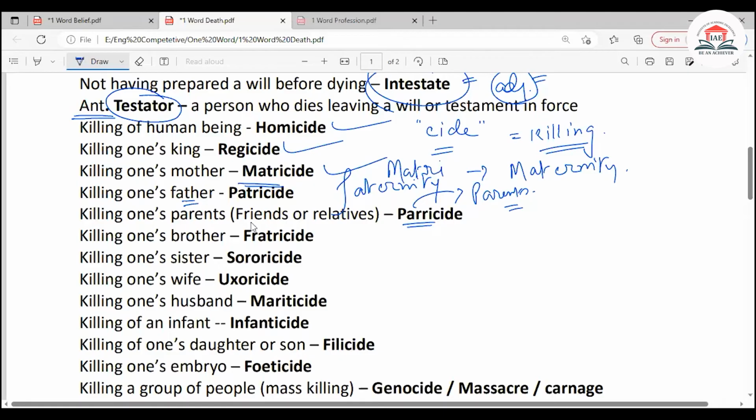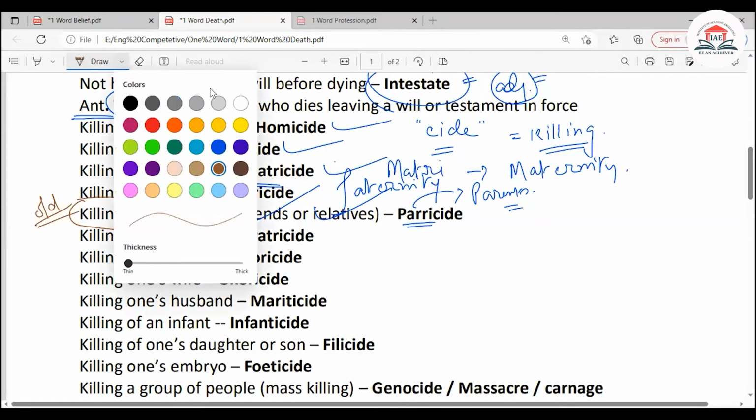In today's English, parricide means killing of one's parents, but with a special reference to friends or relatives. In Bengali, we call it nikotattiyo hotta, right? So killing of one's friends or relatives is called parricide. Now, this explanation is a bit old. This is an old explanation. Clear?